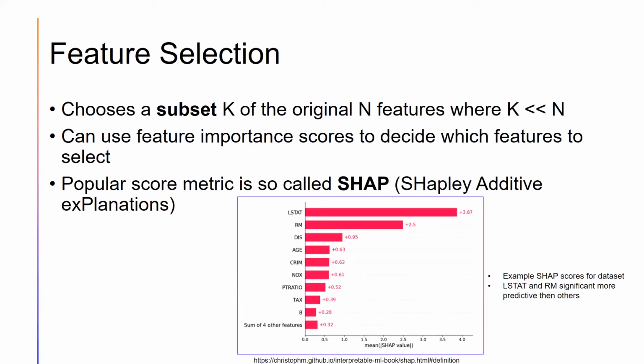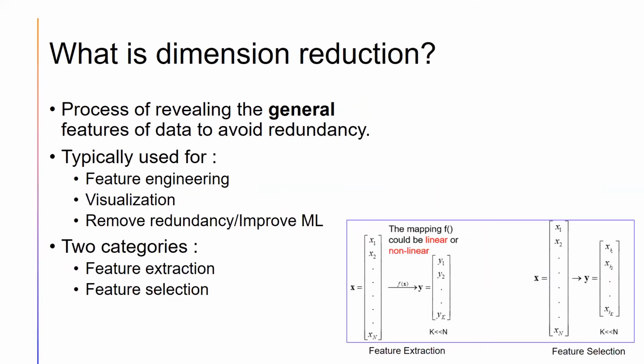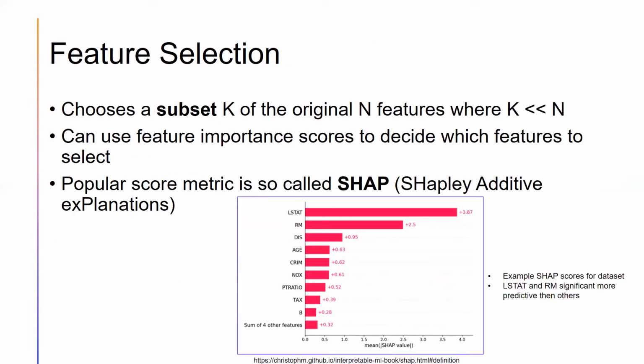Feature selection, I'm just mentioning it here, even though feature extraction is really what we'll be talking about today. But as a simple example, in feature selection, you could utilize something like a Shap score to assess the importance of each feature towards a particular model, and then choose the features that are most important.